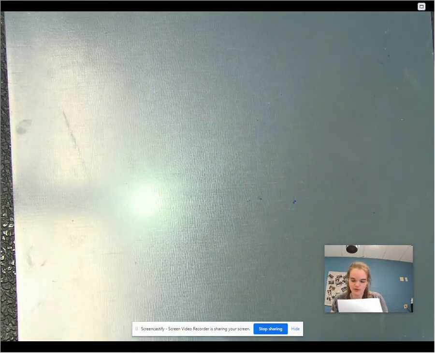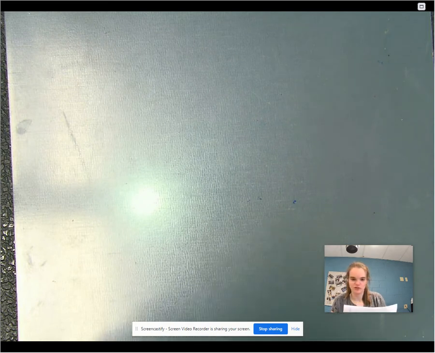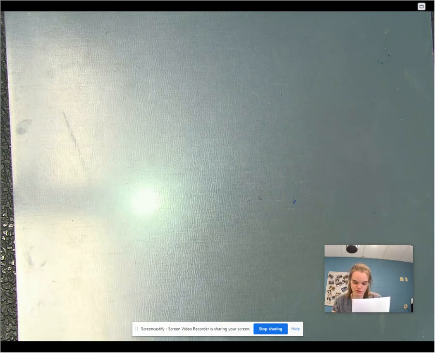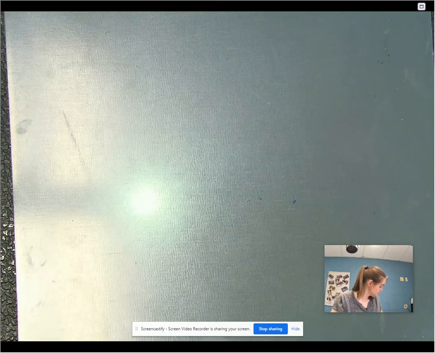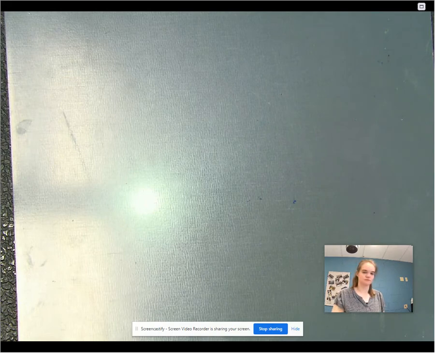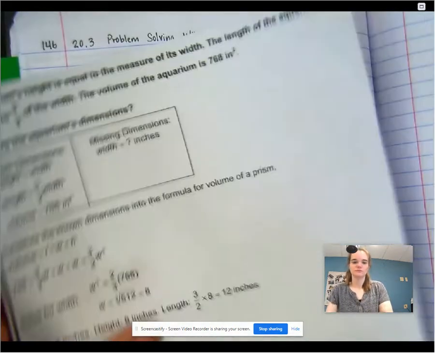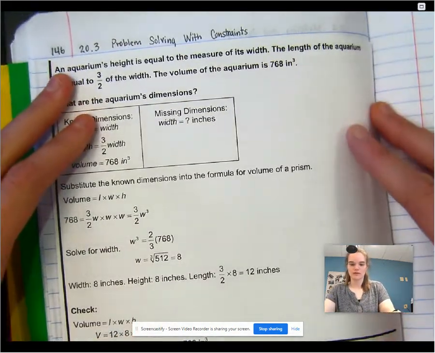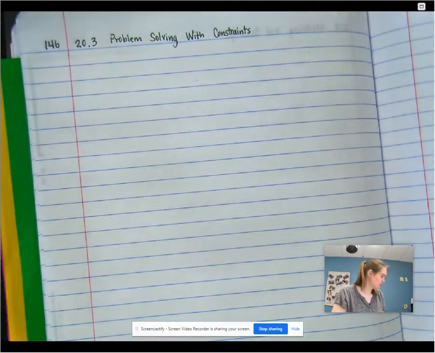So you're going to work on problems like that, where you have to find the dimensions. You're going to list what you know, and then fill in what you know into the formula that you know. Cut off just a slight bit more of this.